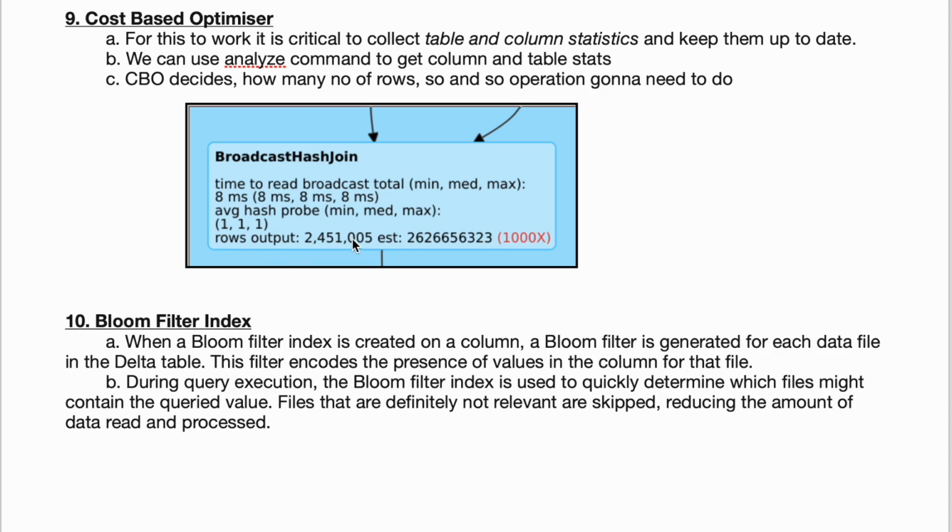The actual rows we read are fewer, but the estimation is higher. That means it decides in advance how many rows we are going to read. With that, we have the advantage of changing the execution plan accordingly. To enable this, we need to have the statistics for the table and the columns up to date. And to get the statistics of our table and columns, we use the analyze command.